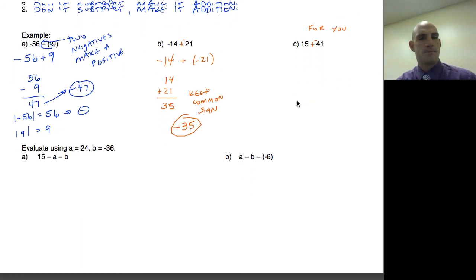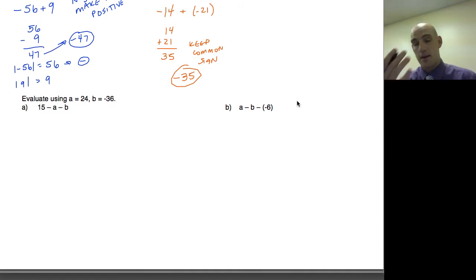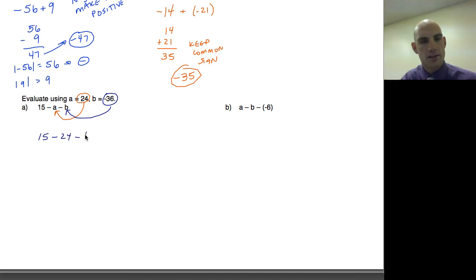As we scroll down here, this is nothing new. It's the same kind of concept, except we're going to add in one little piece. It's going to be a substitution. And so evaluate using a equals 24, b equals negative 36. Well, if I substitute those in, I'm going to have 15 minus 24 minus a negative 36.